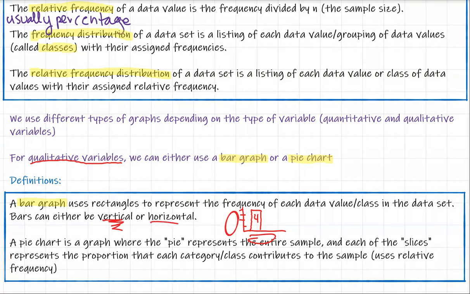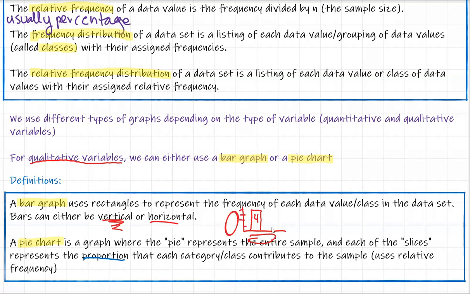And then we also have the pie chart. You've seen those as well. It's a graph where the entire circle represents our entire sample, so however many people we surveyed. Each of the slices represents the proportion that each category or class contributes to the sample.